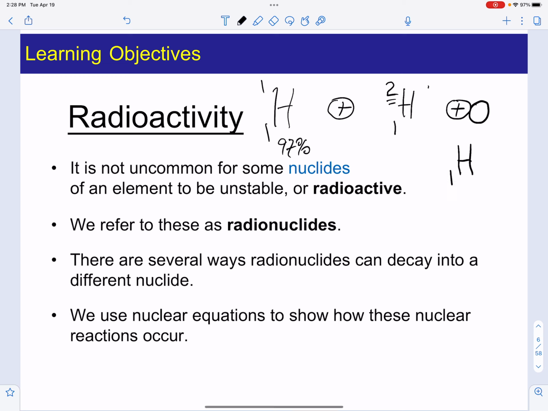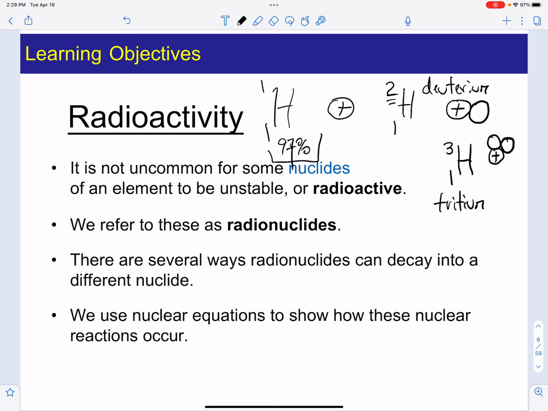So this would be deuterium, and this would be tritium. So those are the isotopes of hydrogen, but the hydrogen-1 is the one that is most of what we find in the universe. Tritium is going to be one proton and two neutrons.